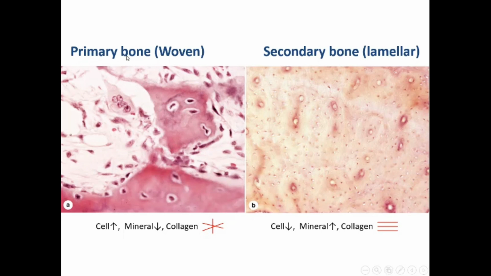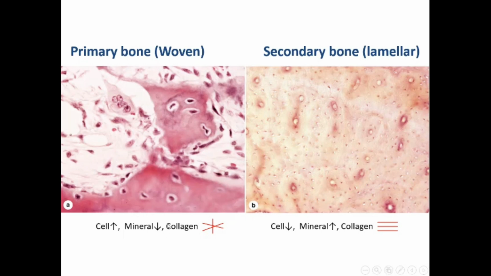and the components of this bone are arranged irregularly, and you can see the interwoven area of the collagen fiber in this tissue. I compared these two bones in this slide. You can see we have more cells in primary bone compared to the secondary bone.